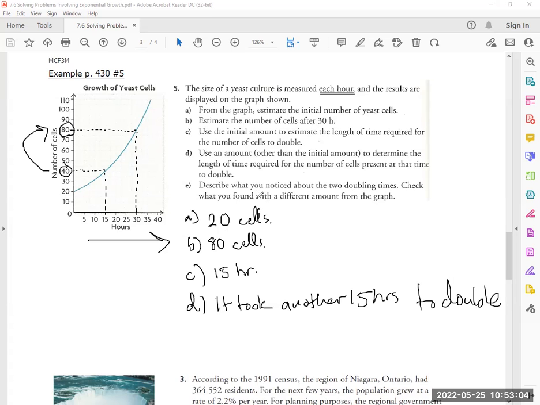Check what you found with a different amount on the graph. Well, to go from 20 to 40, it took 15 hours. To go from 40 to 80, it took another 15 hours. Coincidence? Not really. But either way, there are questions like this that ask you to analyze the graph by looking at it very carefully.